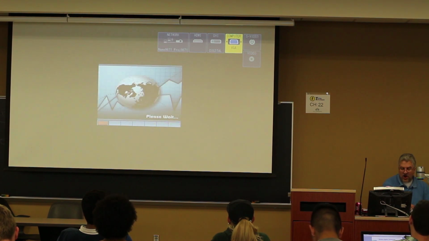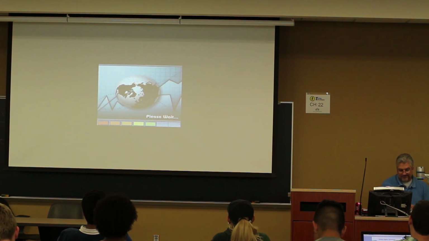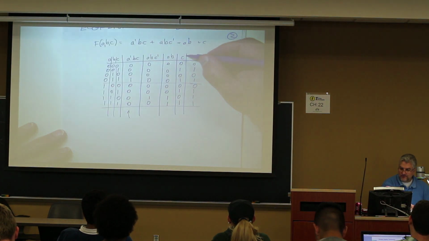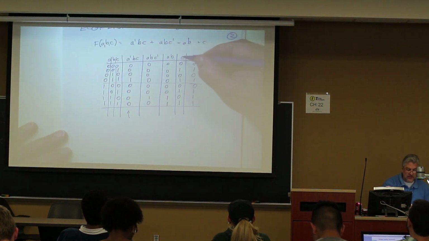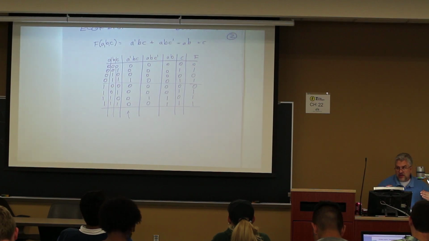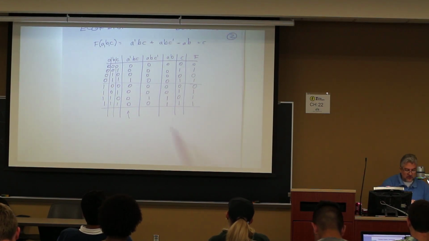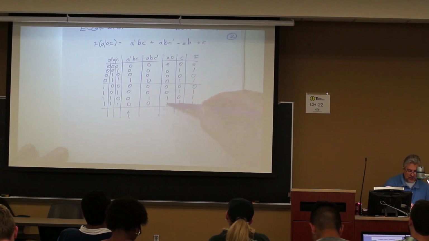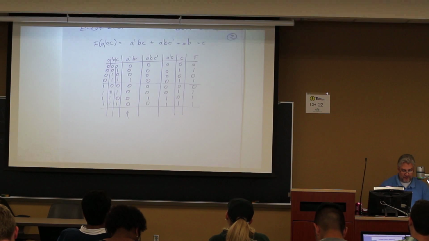If we look at this one, the only constraint is C, and so 4 of the 8 possibilities will be a 1. All we have to do is look across, and anytime it shows up as a 1, we have a 1 over here in this column.